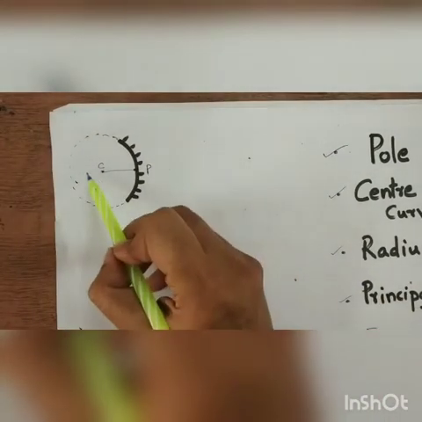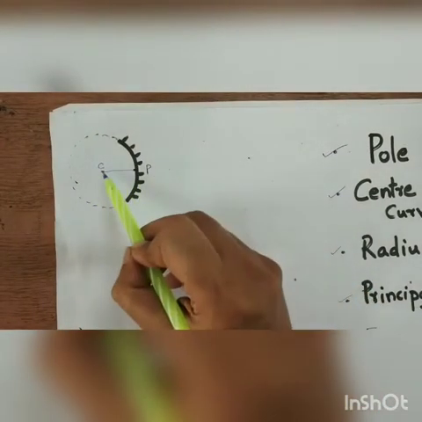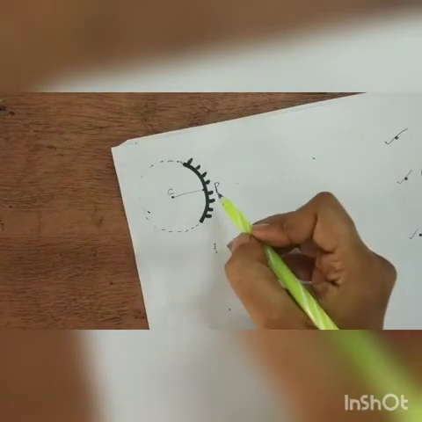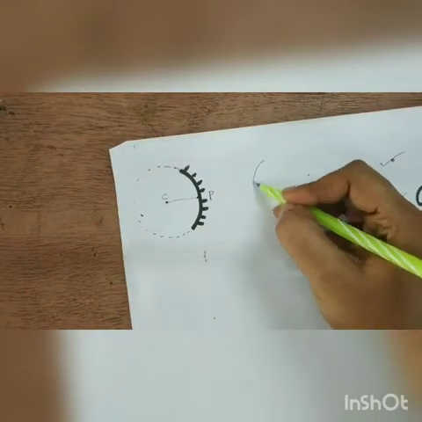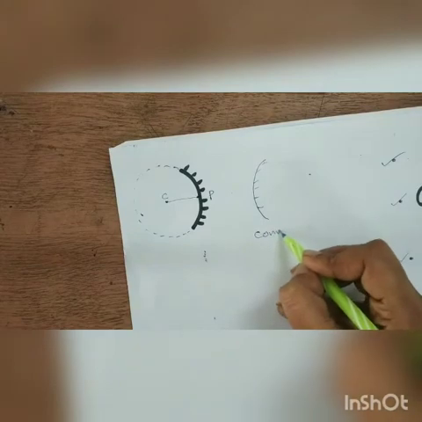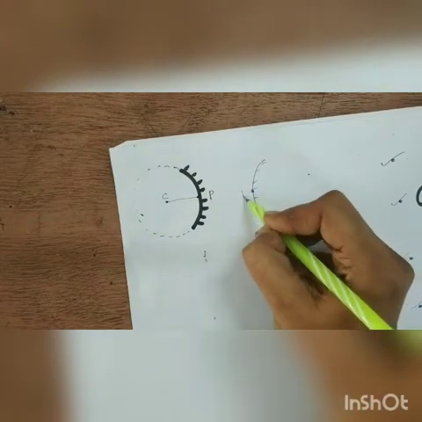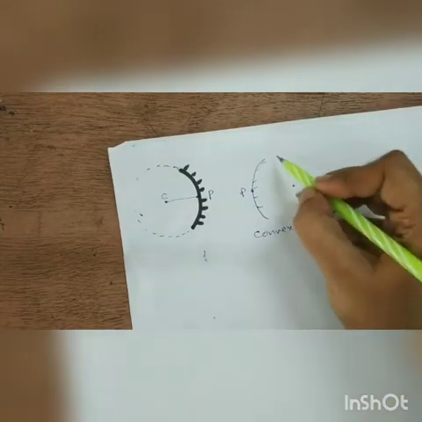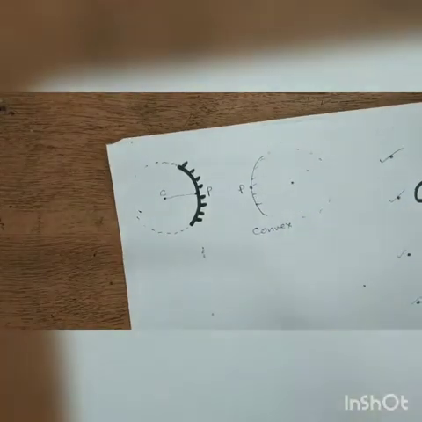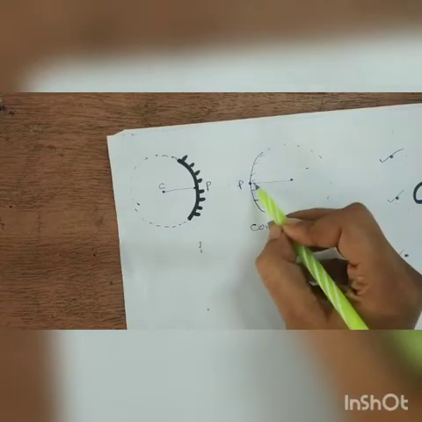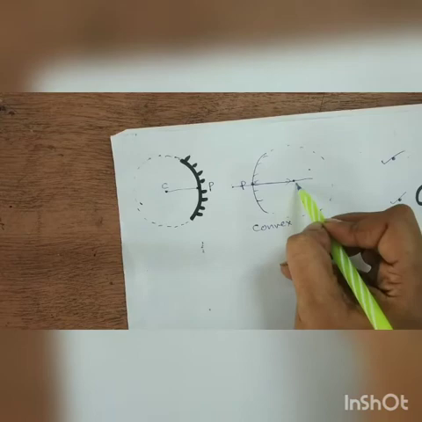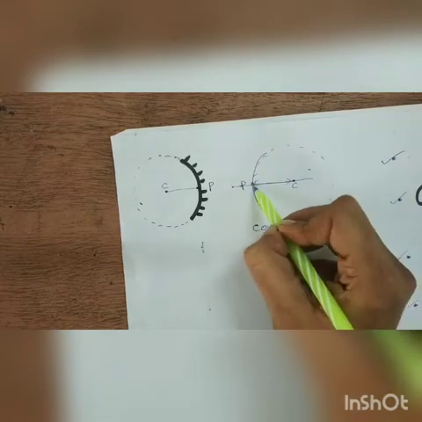Okay, so principal axis is a straight line passing through the center of curvature and the pole. The same is applicable to convex mirrors also. This is a convex mirror. It also has a pole, the center of the sphere, center of curvature, the center of the sphere of which the mirror forms a part, then radius of curvature, the radius of the sphere, and principal axis, a straight line passing through the center of curvature C and the pole.